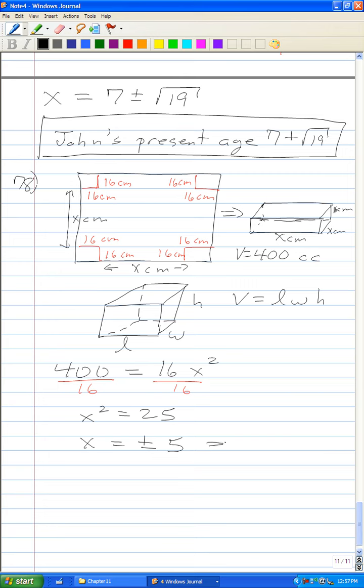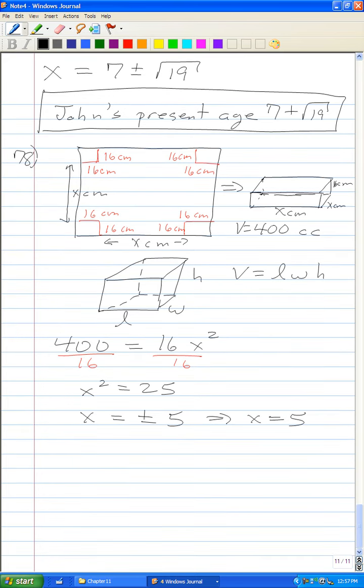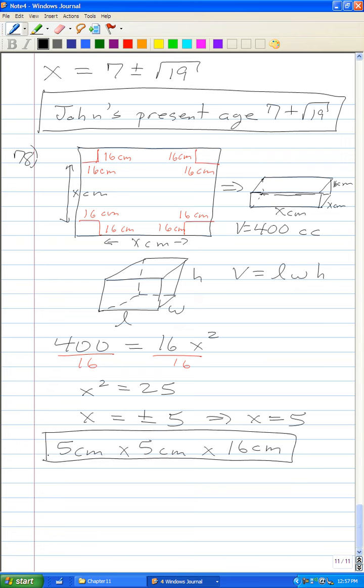But again, since I'm talking about length, I'll only look at the positive quantity. And so the dimensions of my rectangular box are 5 centimeters by 5 centimeters by 16 centimeters. Those are the dimensions of my box.